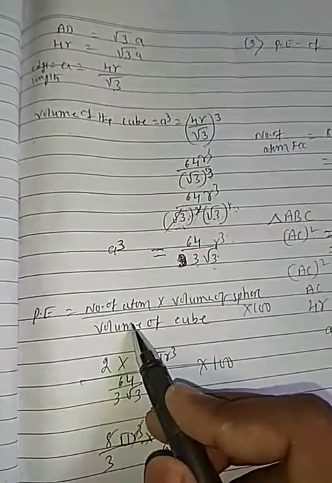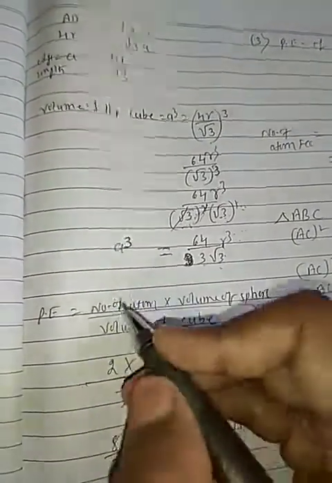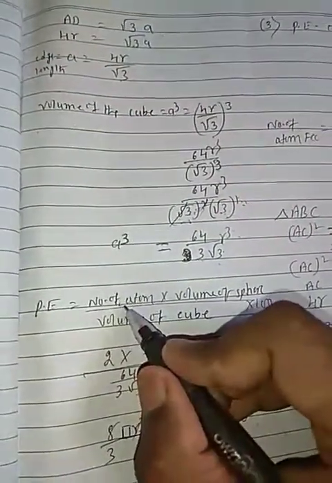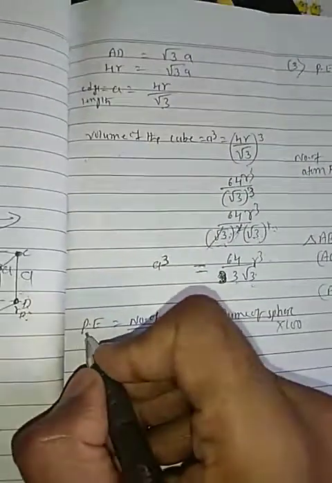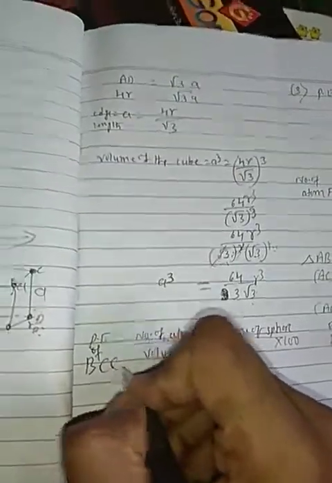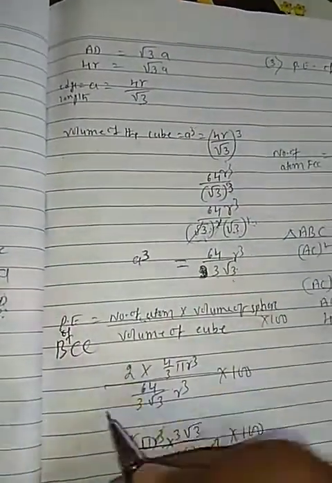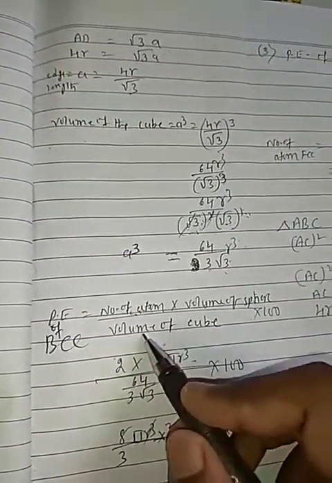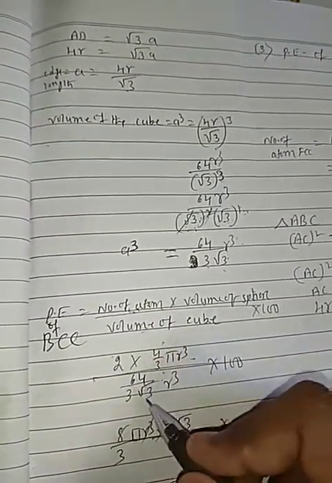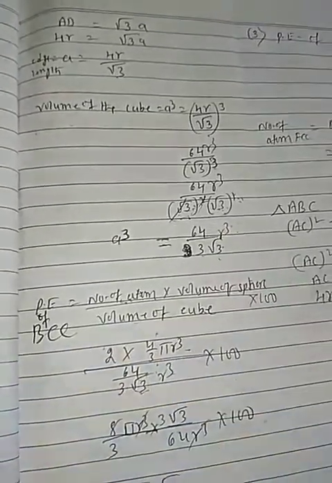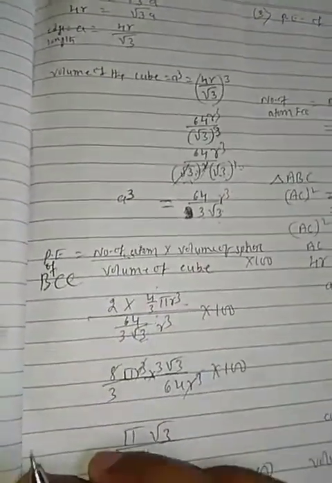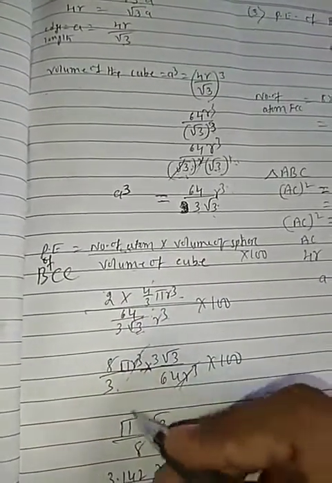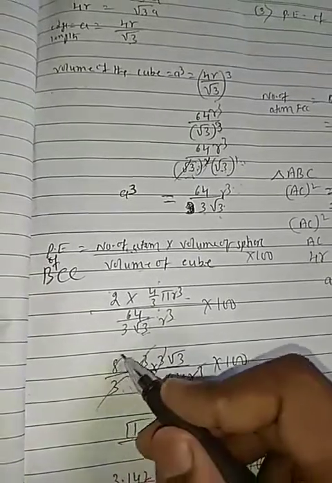So the number of atoms in the volume of the sphere. How many atoms are there in BCC packing efficiency? 2 atoms. Volume of the sphere is 4 by 3 pi R cube, and volume of the cube is 64 by 3 into root 3 R cube. Right, students? So here, 8 by 3 pi R cube, R gets cancelled, 3 gets cancelled, 8 ones are 8.